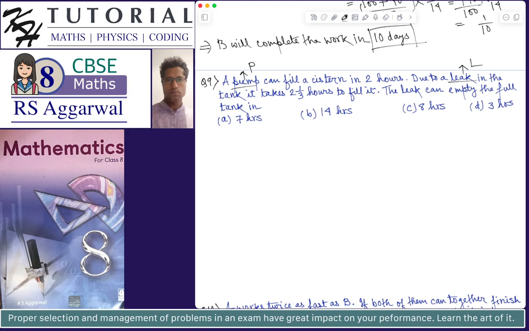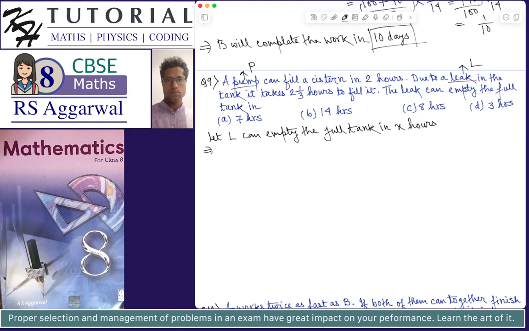Let's assume that L can empty the full tank in X hours.